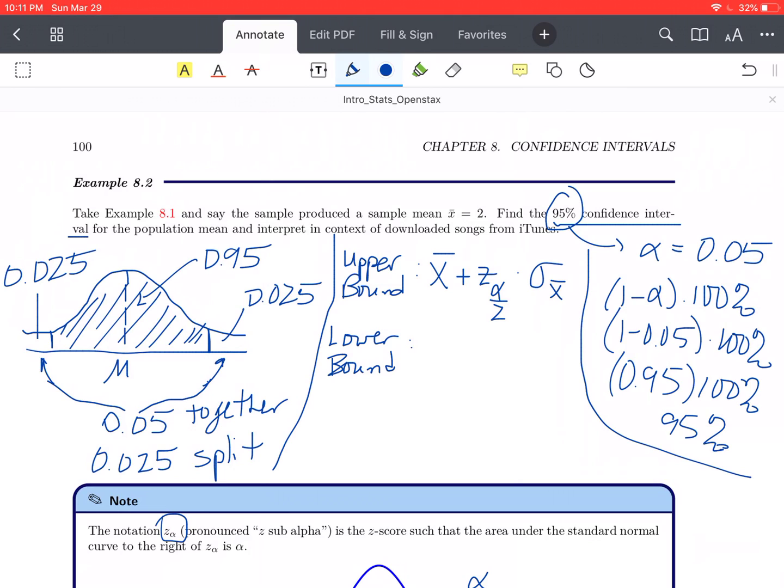And if you're wondering where that comes from, well then come back over to here, where we're taking the alpha value and splitting it into the two tails. So that means that this z-score right here, that's z sub alpha over 2. And this z-score down here, that would be negative z sub alpha over 2.